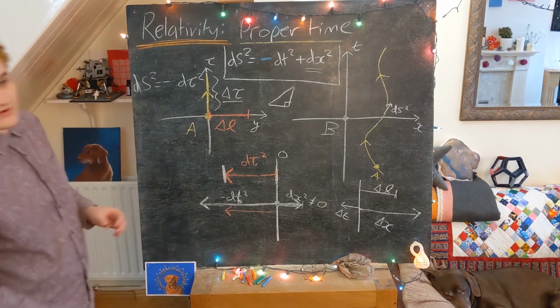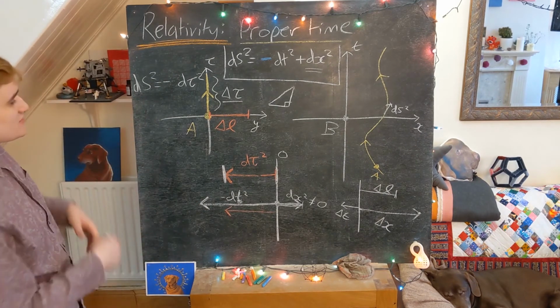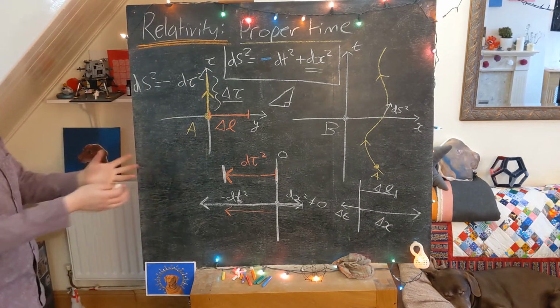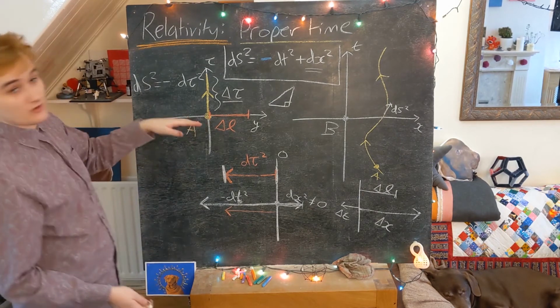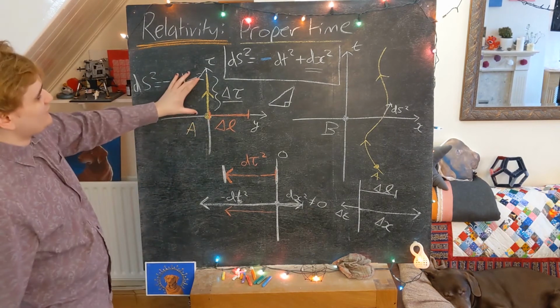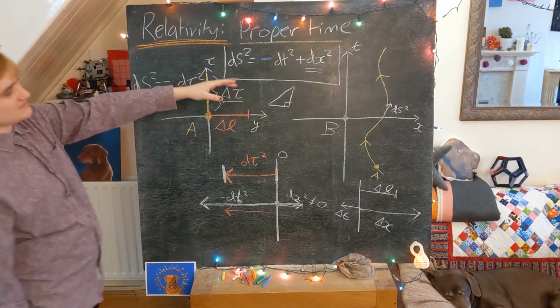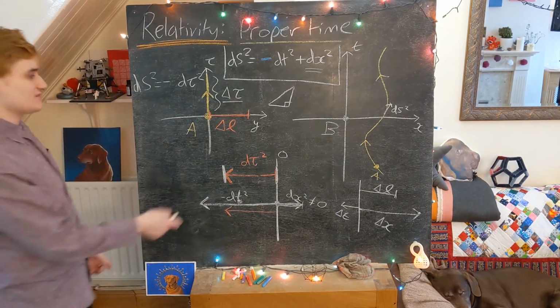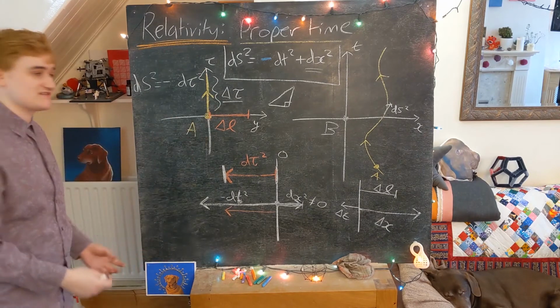So just to summarize then, I introduced this notion of proper time, which is the coordinate time, or just the time that you measure in a frame where you're not moving at all. And we saw that because of the invariance of the line element, this effectively fixes for all observers the amount of time which has elapsed.